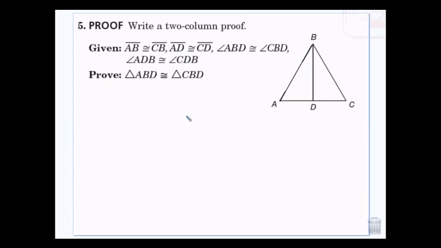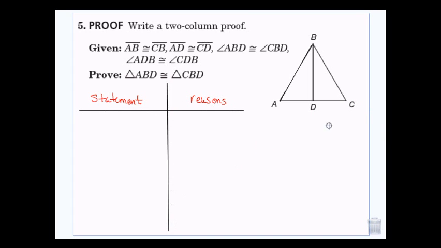We are going to write a proof. So we have statements and we have reasons. Okay. What is our first statement? Given that AB is congruent to CB.